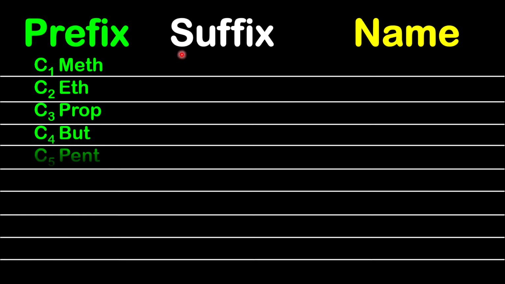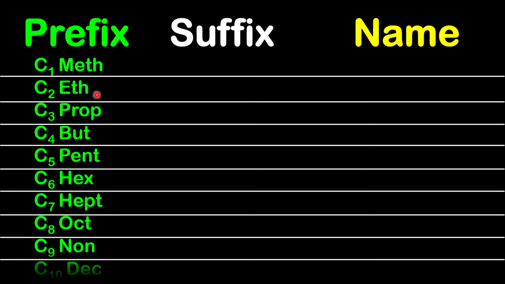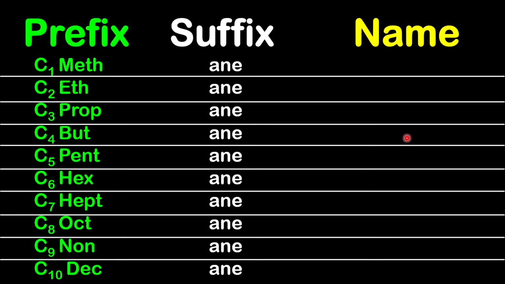So for example, 1 carbon is meth, 2 carbons is eth, 3 carbons, prop, 4 carbons, but, 5 carbons, pent, 6 carbons, hex, 7 carbons, hept, 8 carbons, oct, 9 carbons, non, and 10 carbons, dec. Now the suffix for alkanes is all ane.